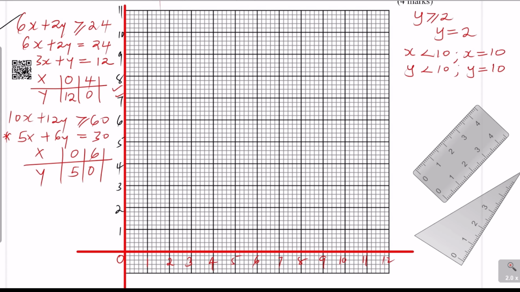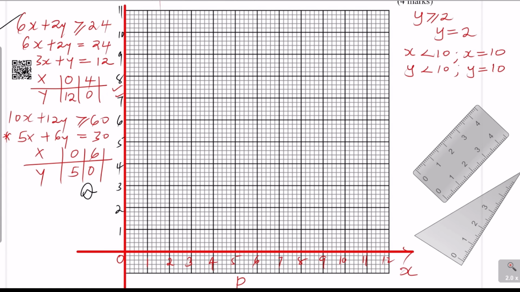For the x-axis, remember, x represents kilograms of maize, bag P, and the y will be bag Q.